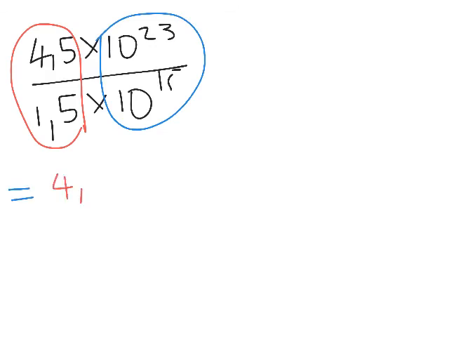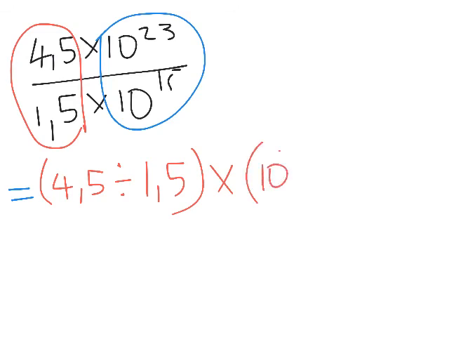I've got 4.5 divided by 1.5, and then 10 to the power 23 divided by 10 to the power 15. That's easy, we've done this. That first term, the coefficient, is going to be 4.5 divided by 1.5, so that goes 3 times.